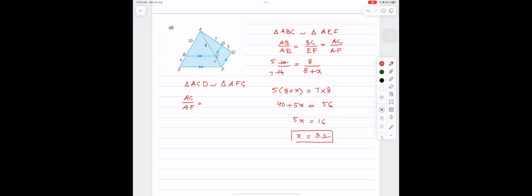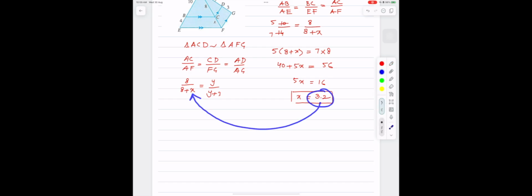You can write the ratio, and that is AC over AF, equal to CD over FG. You can plug in all the values. AC is 8, AF is 8 plus x, CD is y over FG, and FG is y plus 3.